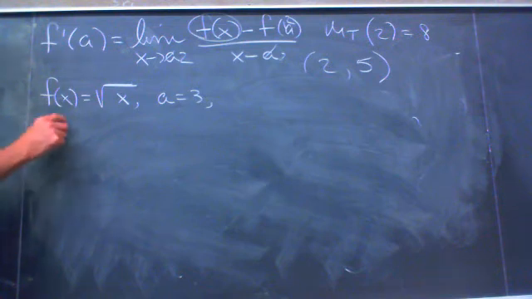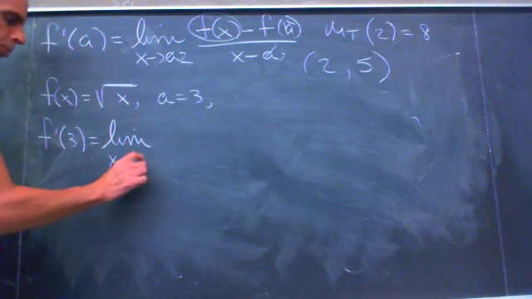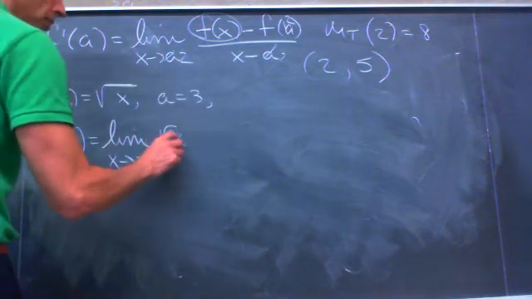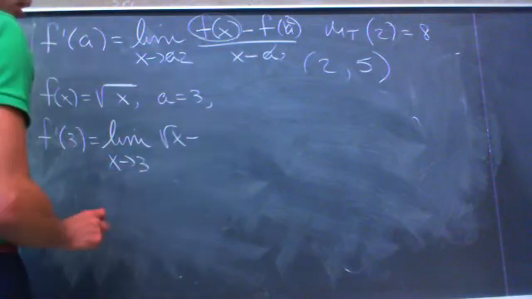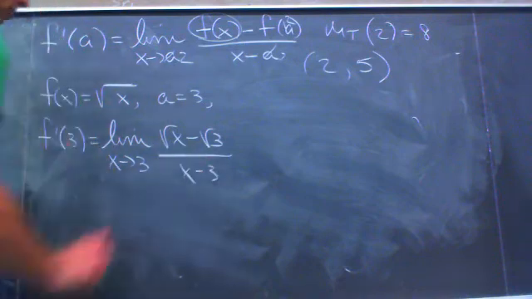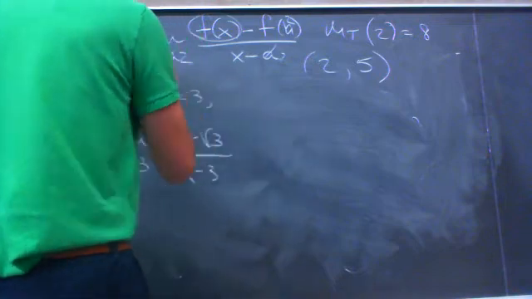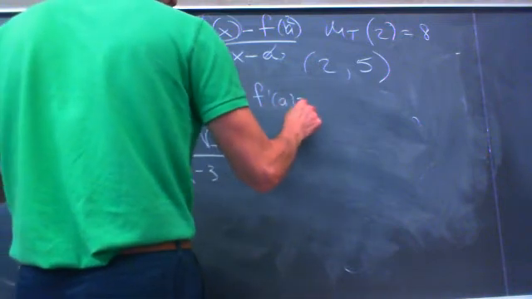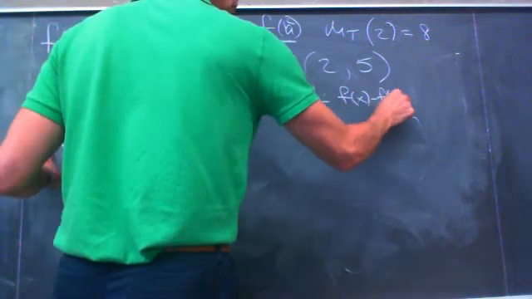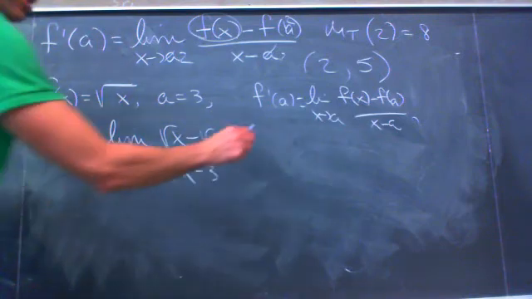So f prime at 3 would be equal to the limit as x approaches 3 of my function, which is root x, minus f at 3, which is root 3, all over x minus 3. Now, if you need to take the time to rewrite that out, feel free to do so. F prime at a equals the limit as x approaches a of f at x minus f at a all over x minus a. A is 3.